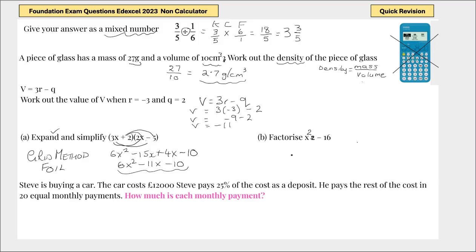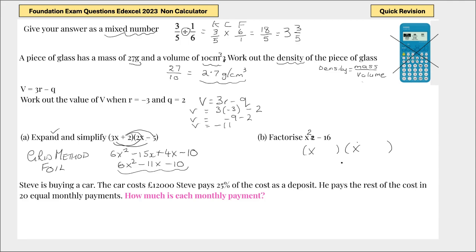Okay. So this question is asking you to factorize, which is the opposite of expansion. So we're putting it back in the brackets. Now this x squared minus 16 is the difference of 2 squares, so we know we're going to put them in brackets. So this is going to be x times x, which we know is x squared.